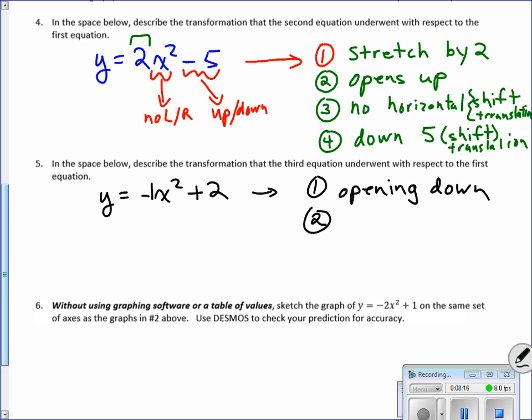Two, based on the x term, there is no h value that is associated with it, so there's no left-right movement. And we'll just write that down. So no left-right translation or shift.